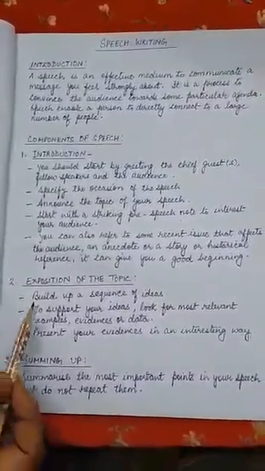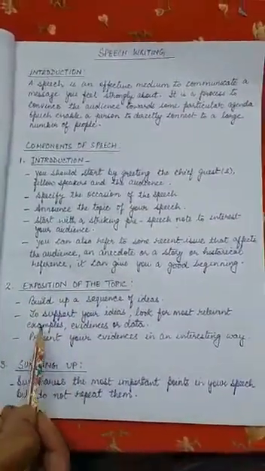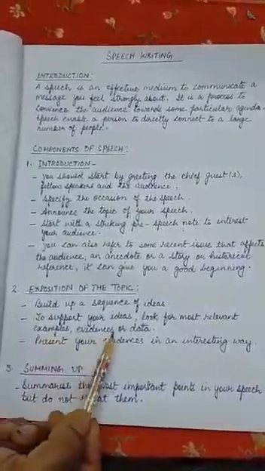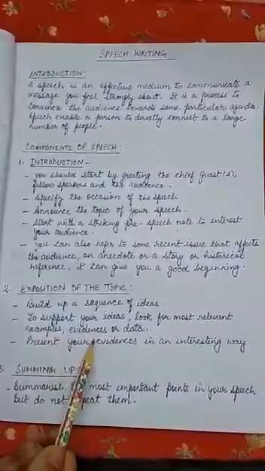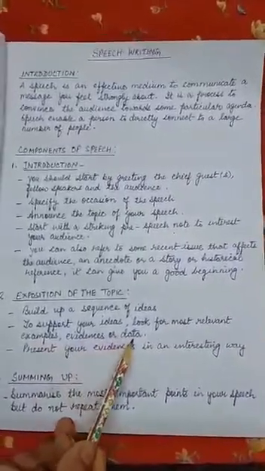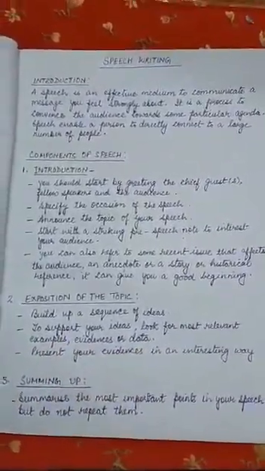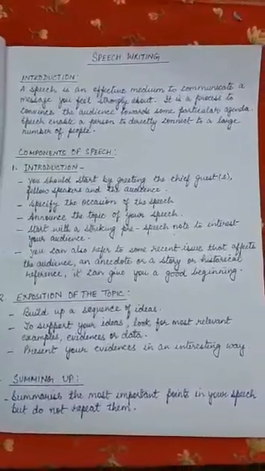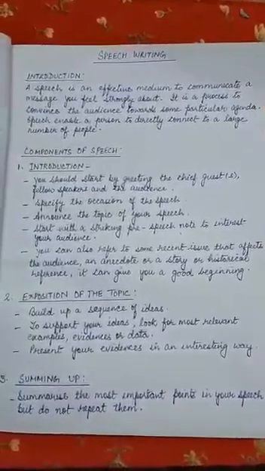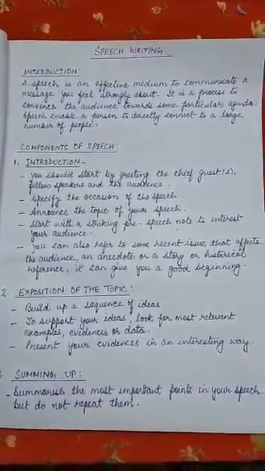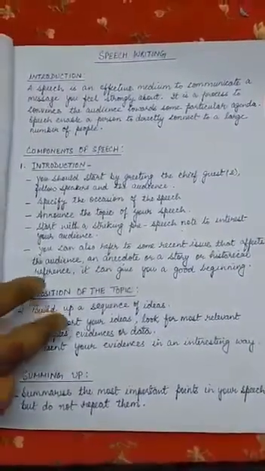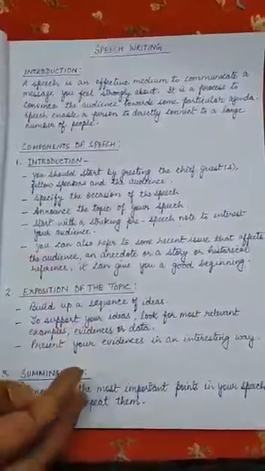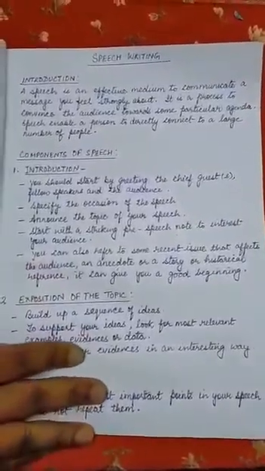Next point under exposition of the topic is to support your ideas: look for the most relevant examples, evidences, or data. Research on a topic leads to good writing. Information on any topic can be easily collected from books, newspapers, magazines, and websites.